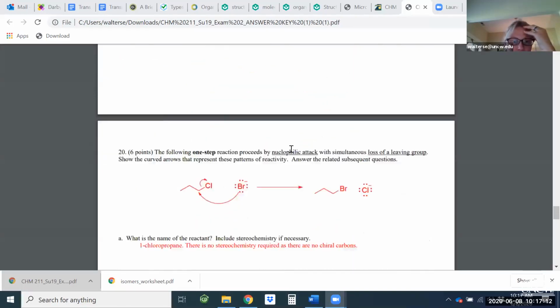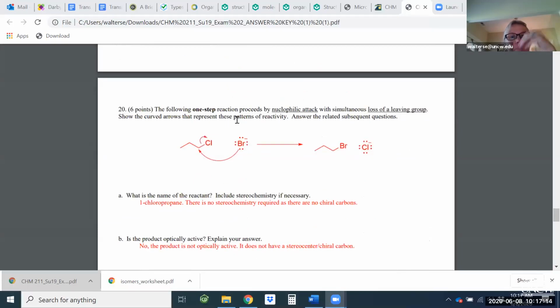The following one-step reaction proceeds by... oh, that's funny, because when we gave this exam, they hadn't gotten to chapter 7 either. So we told them it's an SN2 reaction. They just didn't know that.